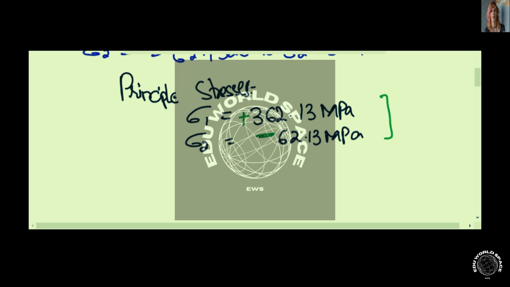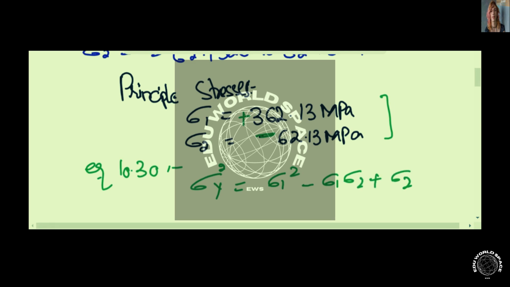So the correct form of the equation 10.30 would be sigma sub y squared is equal to sigma sub 1 square minus sigma sub 1 times sigma sub 2 plus the square of sigma sub 2, right?